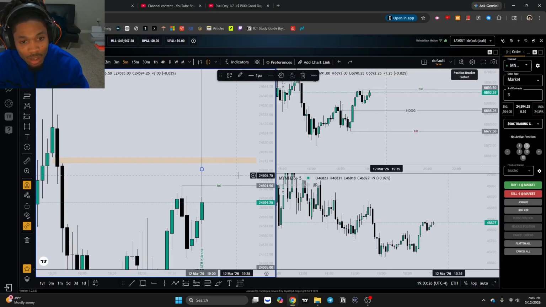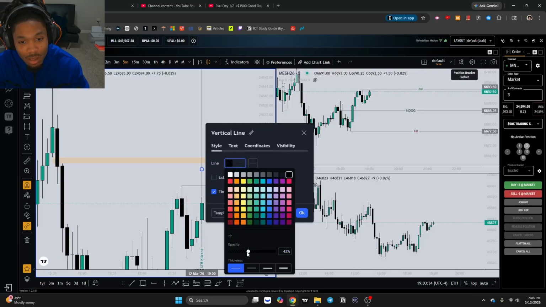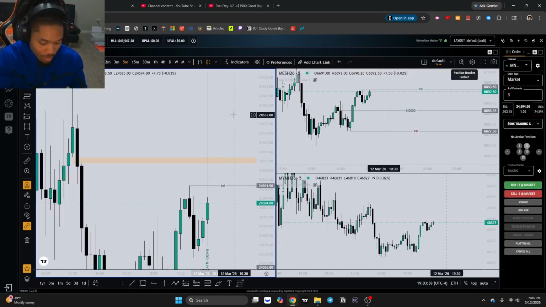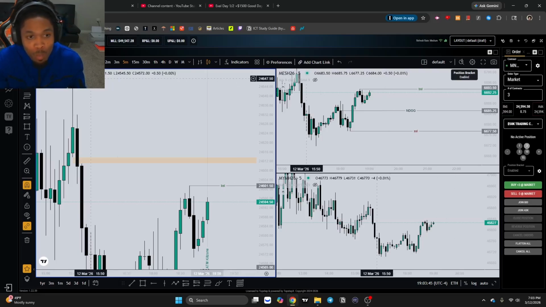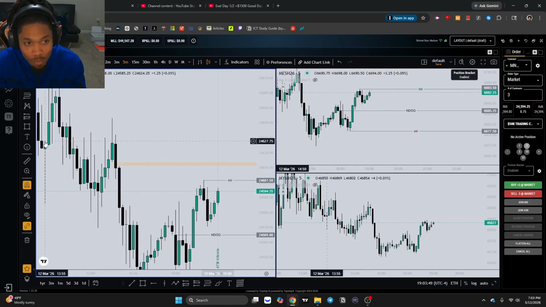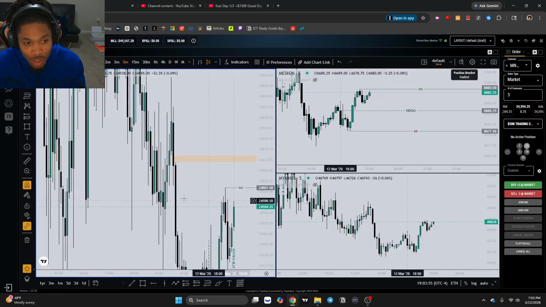Okay. Got a volume imbalance right here that I'm also paying attention to if it continues to rise.